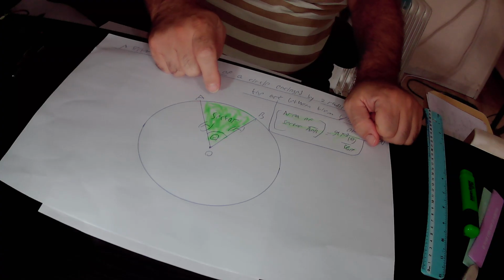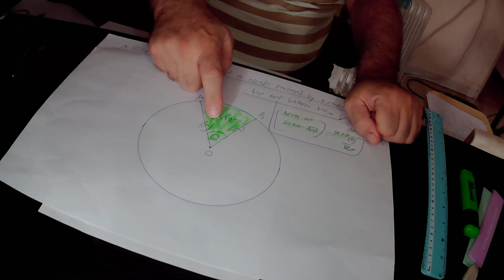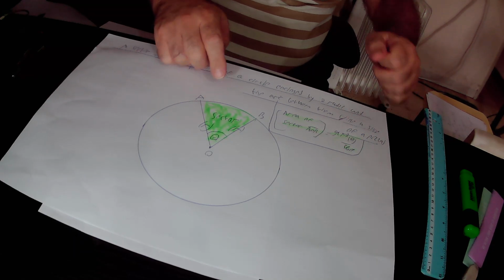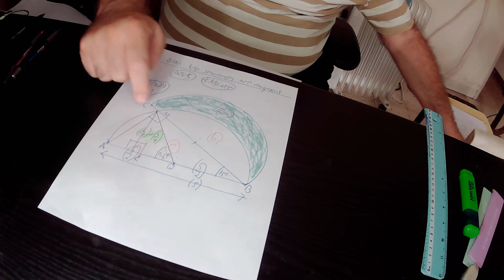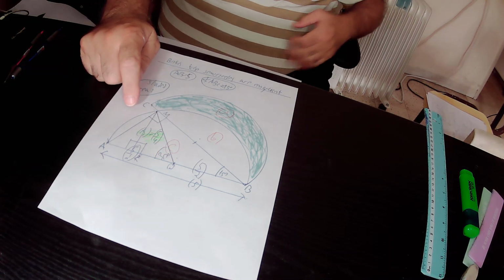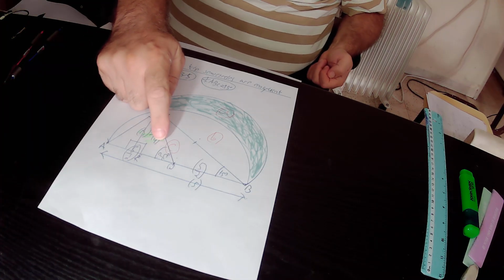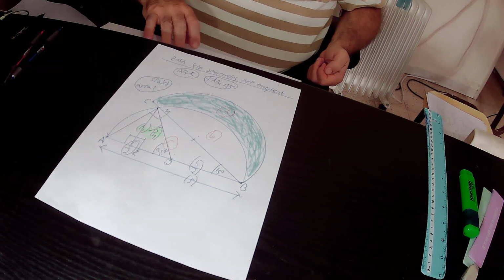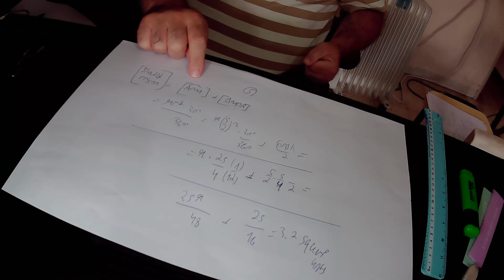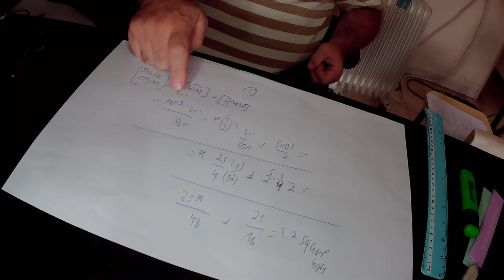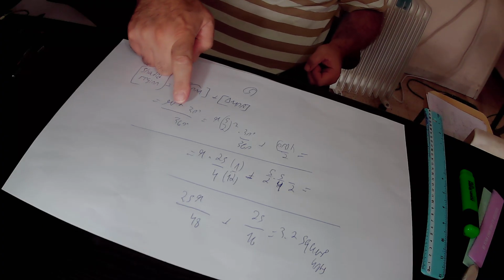Repeat again, the area of sector AOB equals pi r squared times theta over 360 degrees. Therefore the area of sector AOM equals pi r squared, where r is the radius of this semicircle that contains the sector, times the angle between the legs of the sector, 30 degrees over 360 degrees.